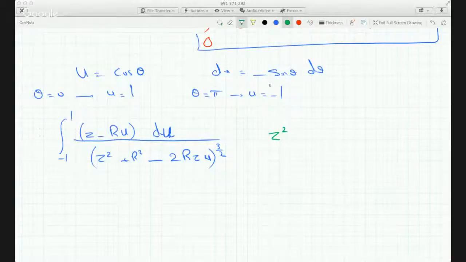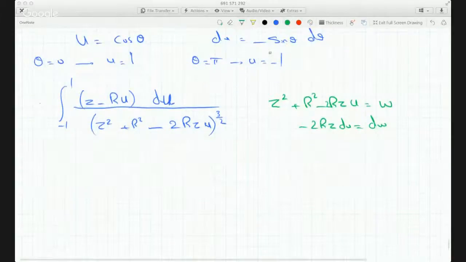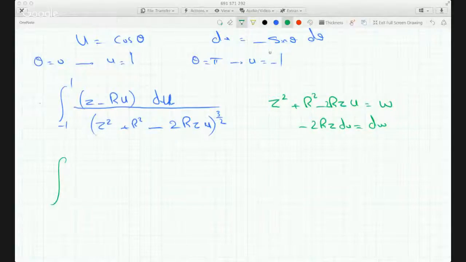Let's try z squared plus r squared minus 2rzu to equal w. Then minus 2rz du equals dw. Now remember, I'm integrating with respect to u. Okay, good. So now what I could do is split the integral into 2, be easier. Or let's just put it together and see what we get if we don't.